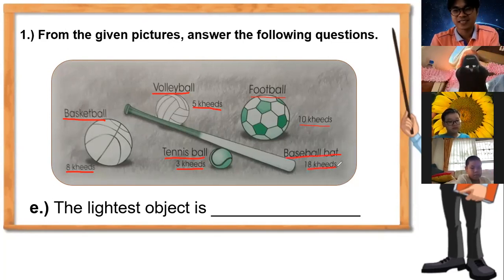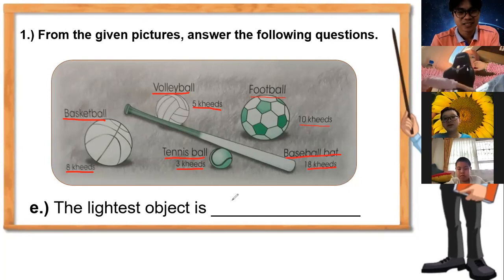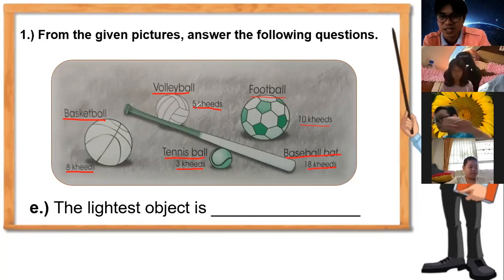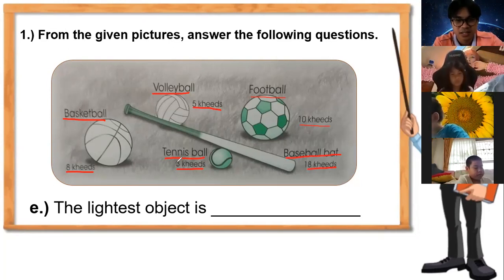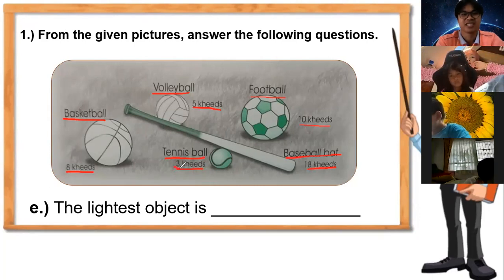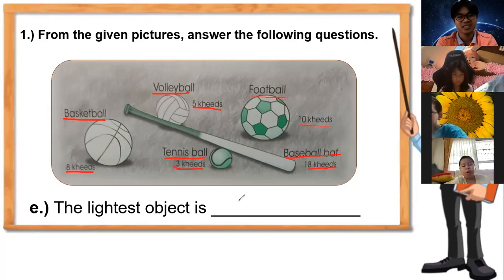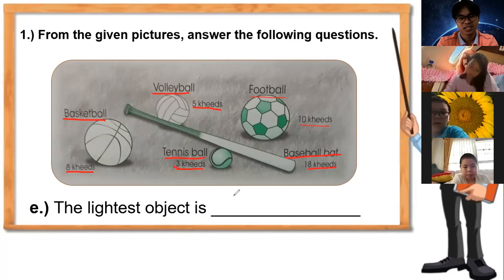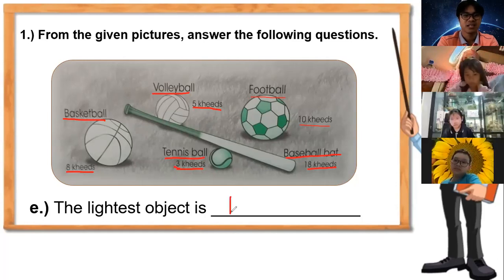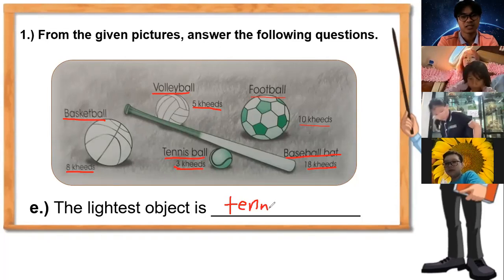Which one is the lightest? Tennis ball, 3. Okay, compare. Look at the smallest number here. The smallest number is 3. So the lightest object is the tennis ball. Okay.